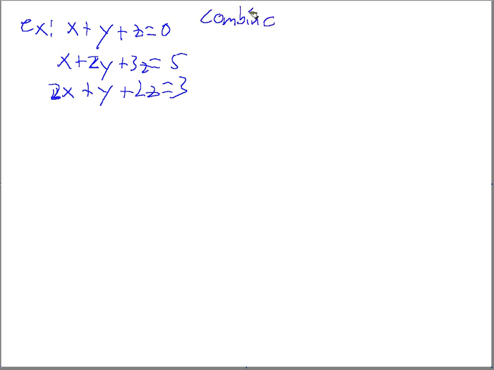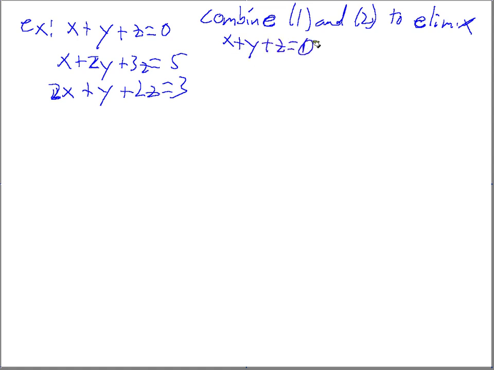So combine equation 1 and equation 2 to eliminate x. All right, so let's do that. Let's copy the equations again. x plus y plus z is equal to 0, first equation.